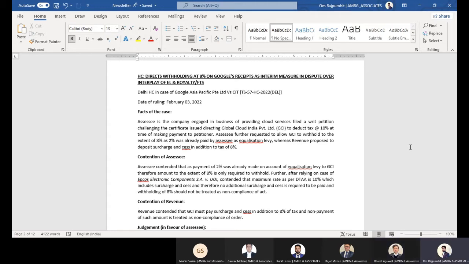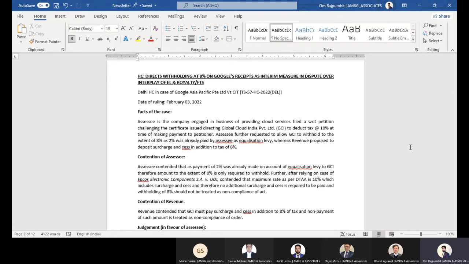In this case, the SSC was receiving certain payments from Google Cloud India Private Limited, and Google Global Cloud India was liable to deduct equalization levy.